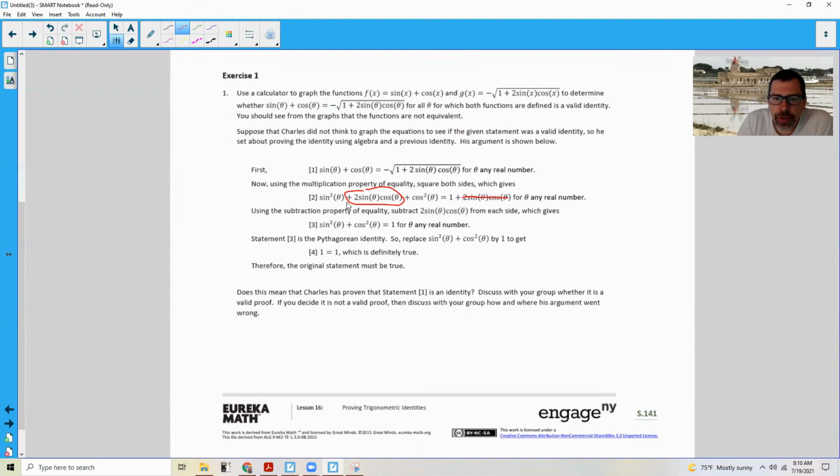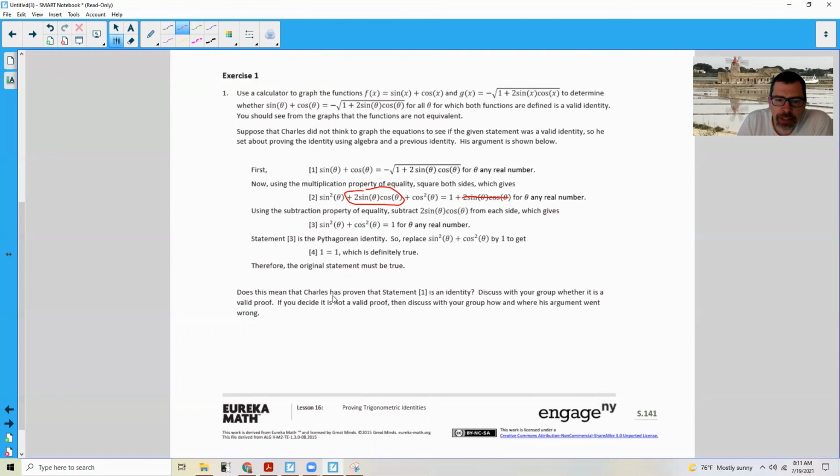And you get sine squared theta plus cosine squared theta equals 1, which they have here for theta being any real number. Statement 3 is the Pythagorean identity. So replace sine squared theta plus cosine squared theta by 1 to get 1 equals 1, which is definitely true. Therefore, the original statement must be true.